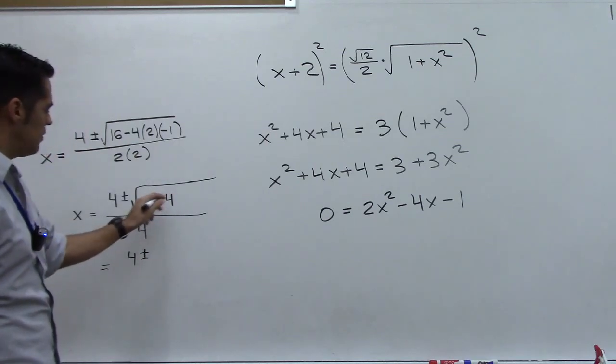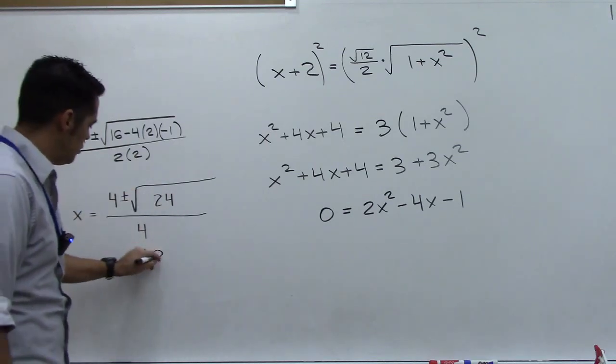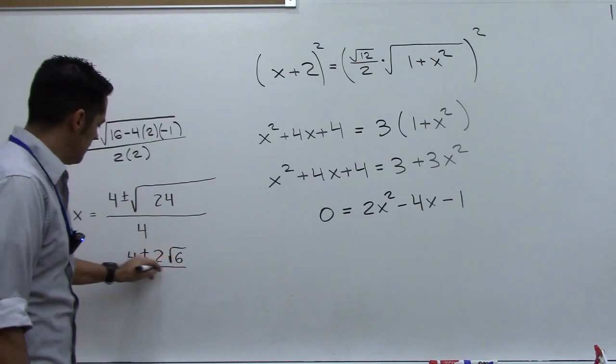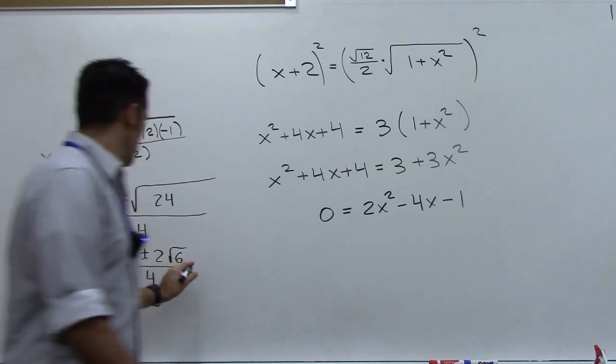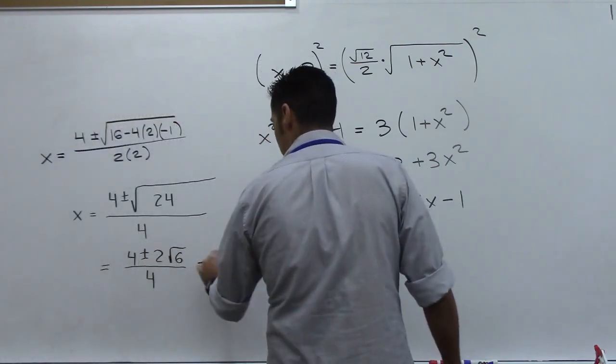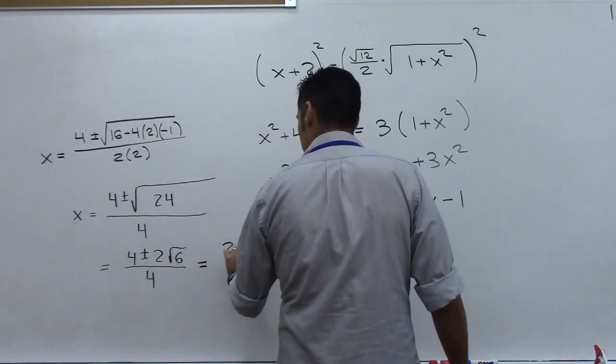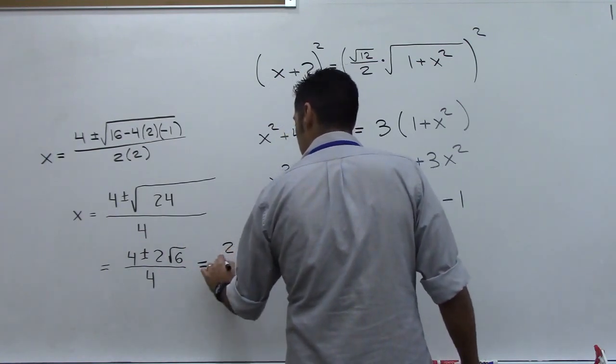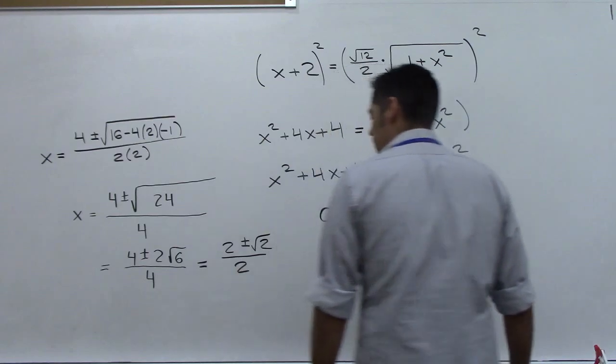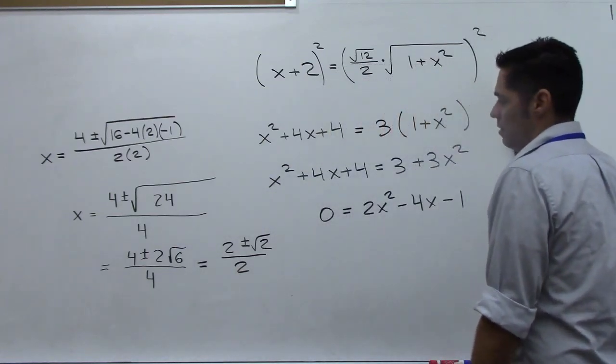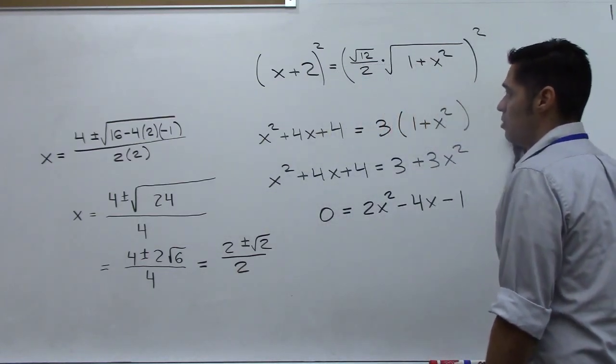So this is 6 times 4, so the square root of 4 comes out as a 2, root 6, all over 4. And so I reduce everything by a factor of 2. We get 2 plus or minus root 6 over 2. And that's 2 potential answers.